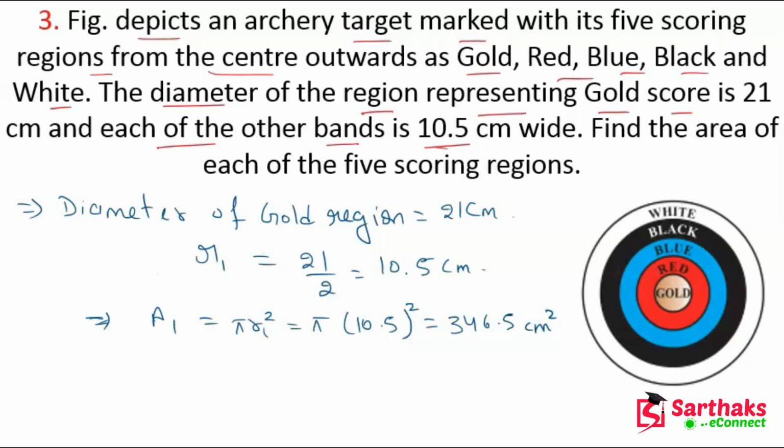So now let's talk about the radius of the second circle. We know that each band is 10.5 centimeter wider, so we have to add 10.5 centimeter to the radius of the first circle.